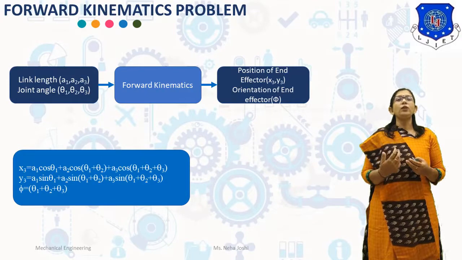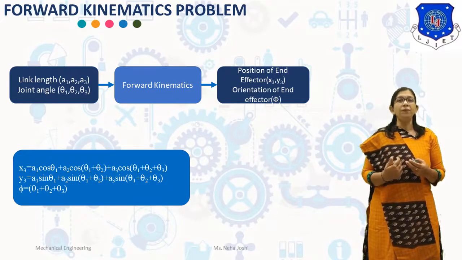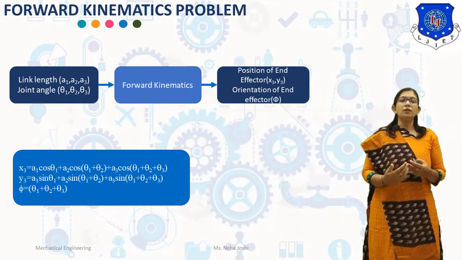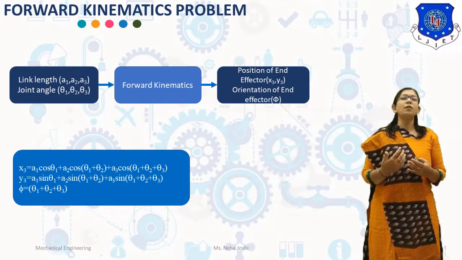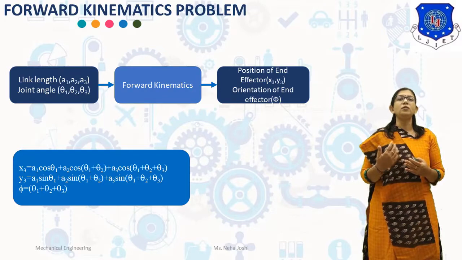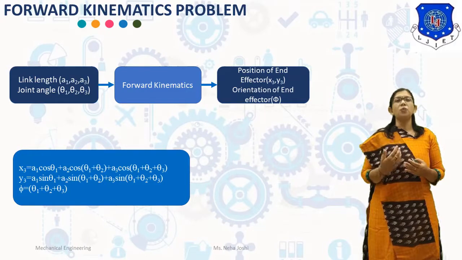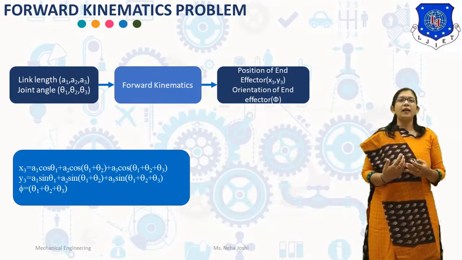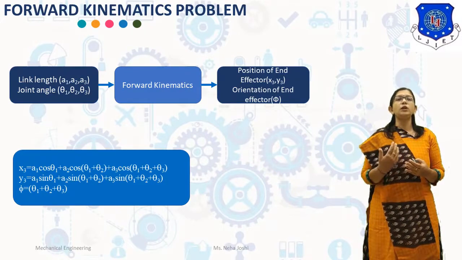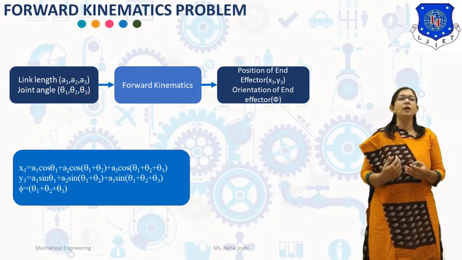The position and the orientation of the end effector are given by the equations: x3 is equal to a1 cos theta 1 plus a2 cos (theta 1 plus theta 2) plus a3 cos (theta 1 plus theta 2 plus theta 3). y3 is equal to a1 sin theta 1 plus a2 sin (theta 1 plus theta 2) plus a3 sin (theta 1 plus theta 2 plus theta 3), and the orientation phi of the end effector is given by the equation phi is equal to theta 1 plus theta 2 plus theta 3.